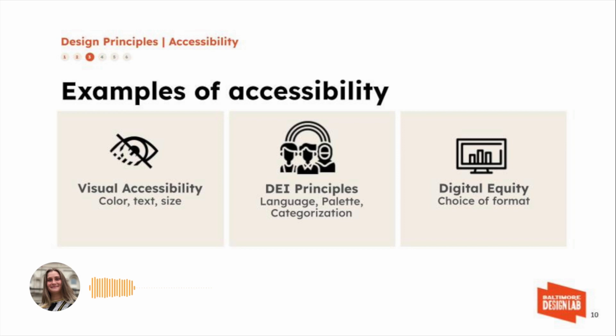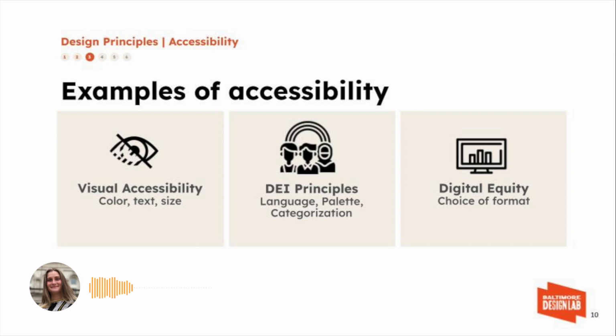Great. So there are three subsets of accessibility. The first one, visual accessibility. There's diversity, equity, inclusion principles, and then digital equity. So for visual accessibility, this includes color and text and size considerations. For example, some people are colorblind, so that's a consideration to have.